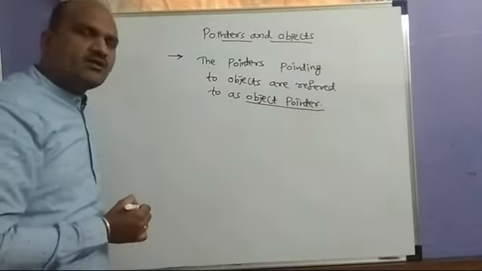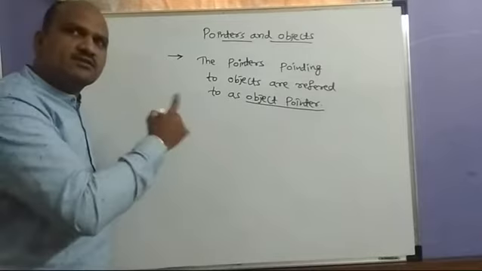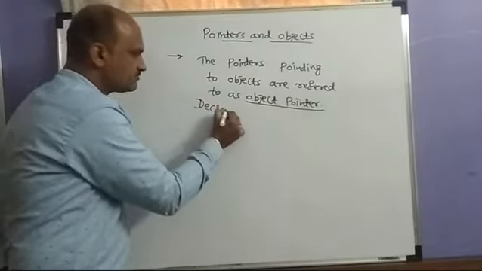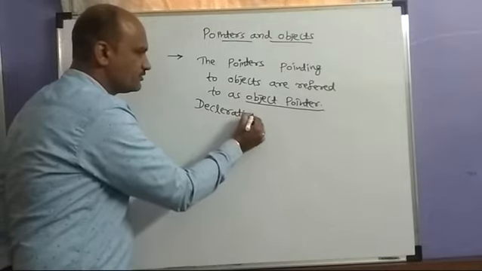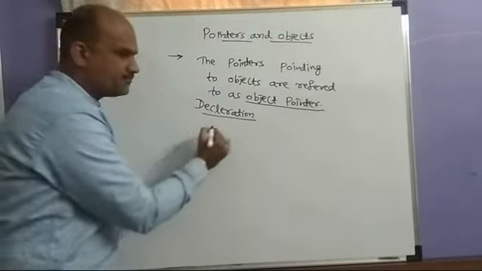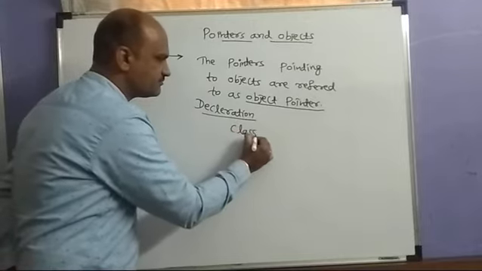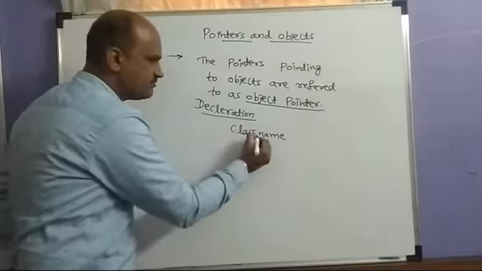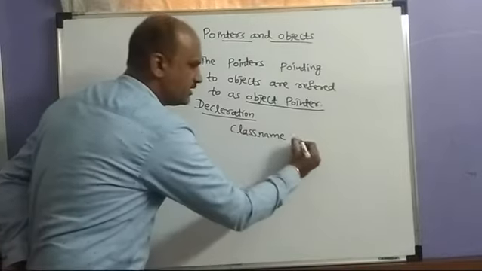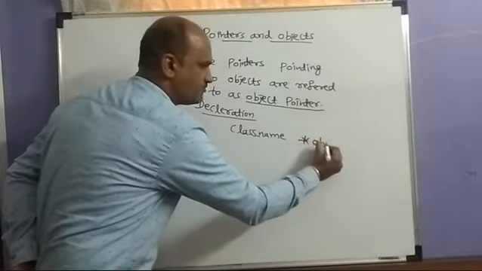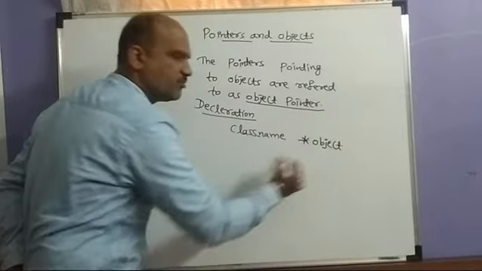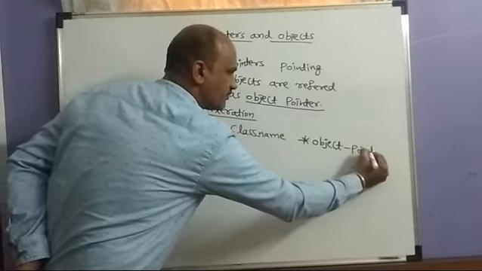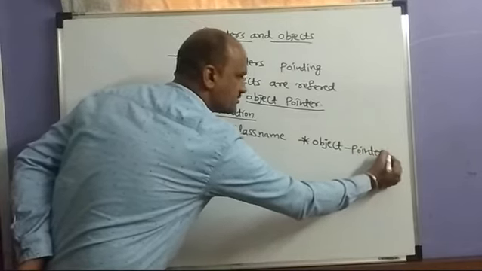And here is how you can declare a pointer to an object. The declaration is very simple. We use the class name, and with the pointer, the object pointer name, and use the semicolon.